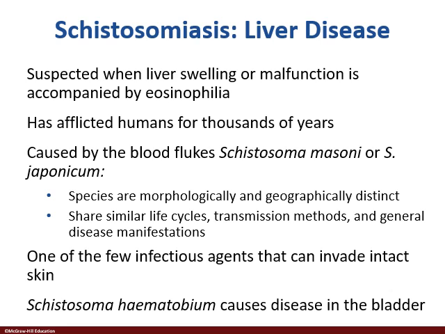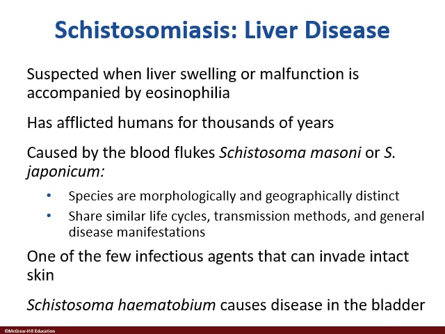If swollen liver, inflamed liver, malfunctioning liver, jaundice, but the eosinophil numbers are skyrocketing, that is indicative of Schistosoma. What we have here is two species, Schistosoma mansoni and Schistosoma japonicum.